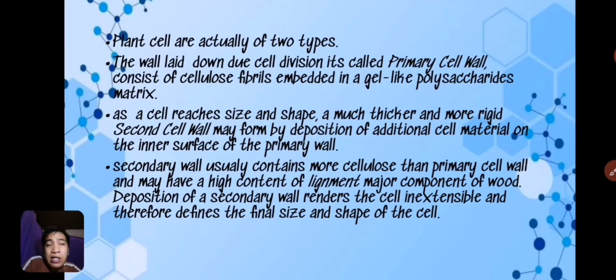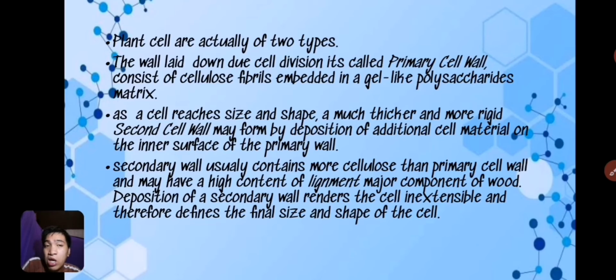The secondary cell wall is much thicker than the primary cell wall and may form by deposition of additional cell material on the inner surface of the primary wall. The primary cell wall consists of cellulose fibers embedded in a gel-like polysaccharide matrix.